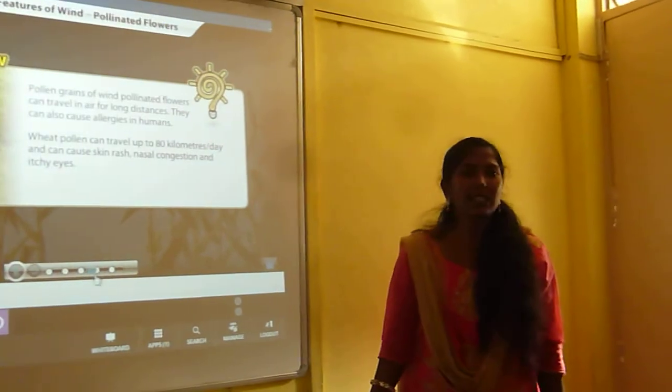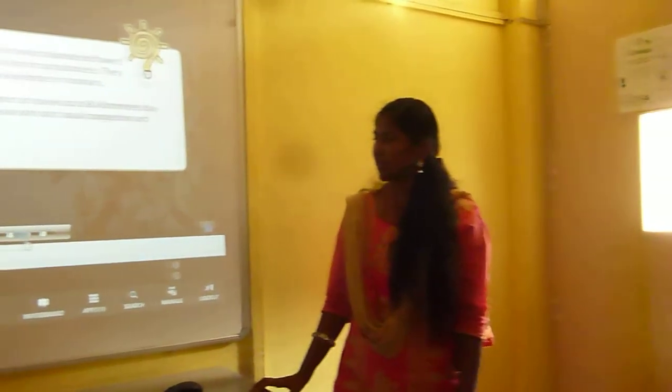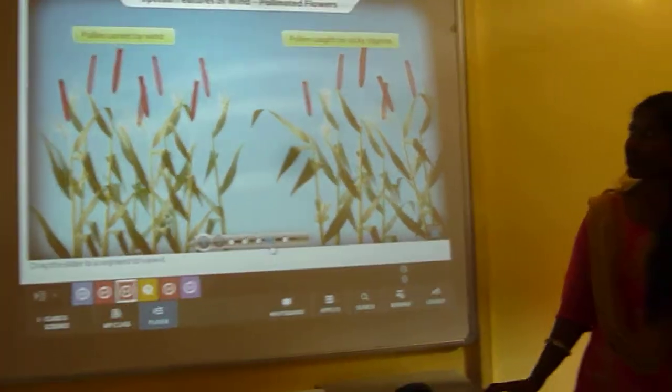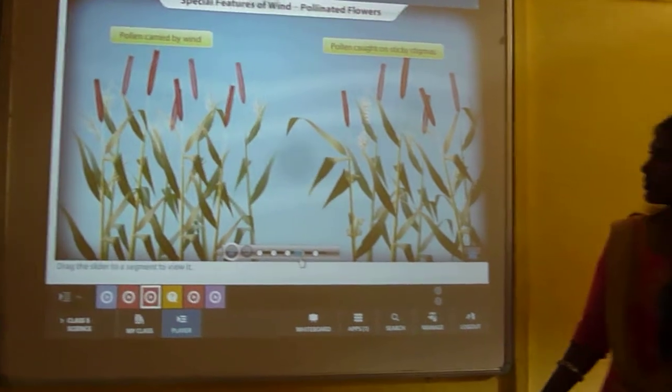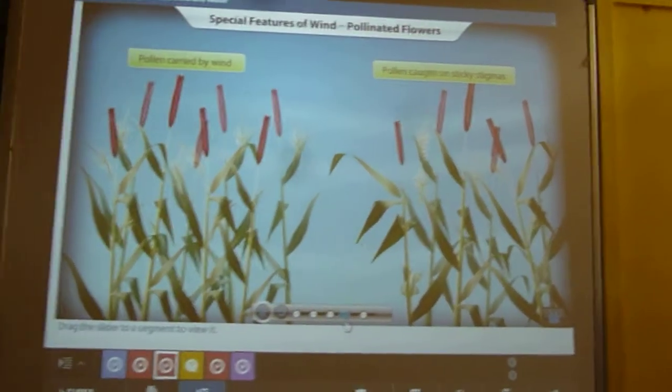Next, let us see some examples of wind pollination. The stigma is sticky to trap airborne pollen grains, so the grains stick to the stigma.